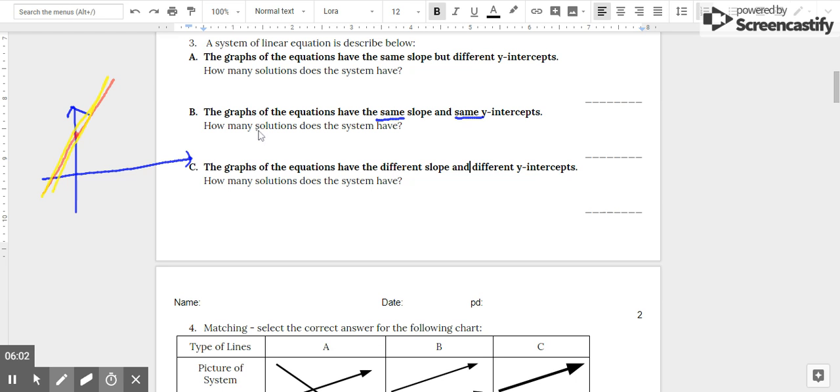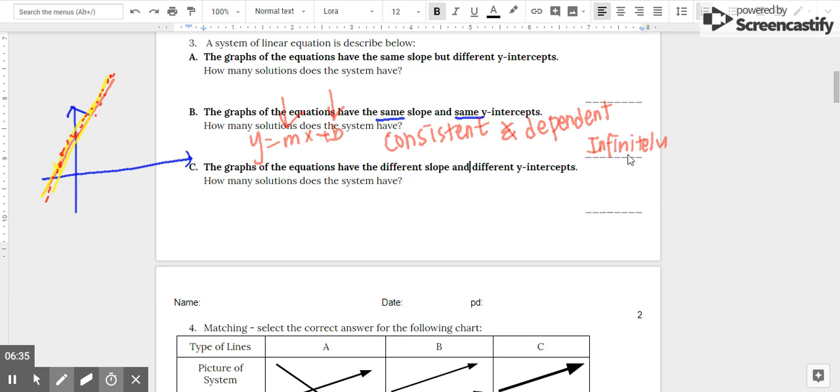So this is consistent and dependent. There are infinitely many solutions because there are a lot of points, all the points on the line, which make both equations true.